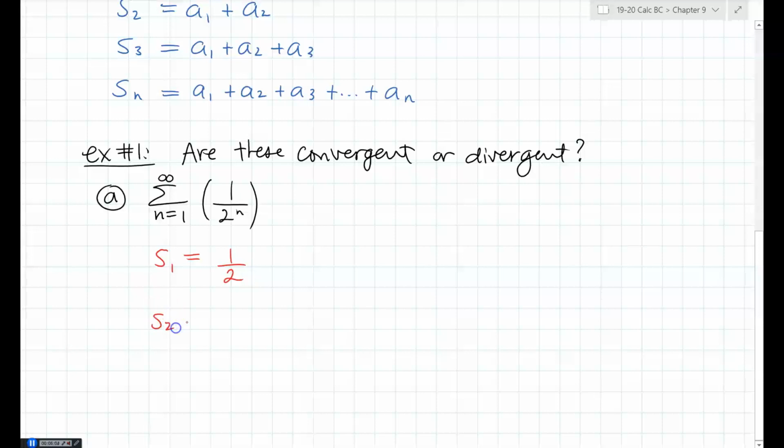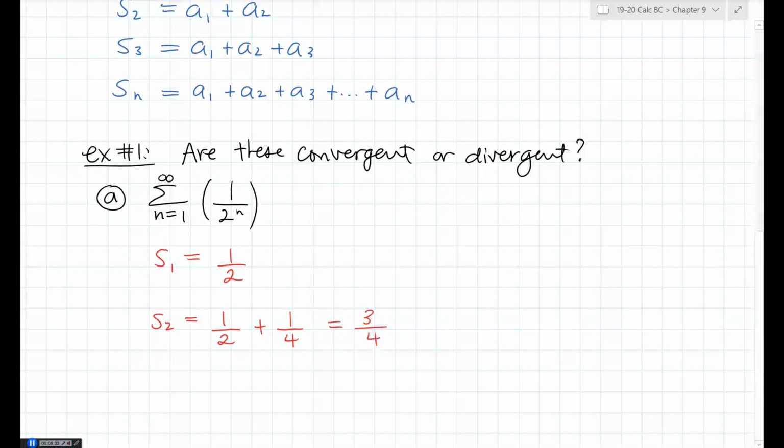S sub 2 would be a sub 1, which is 1/2, plus a sub 2, which is 1/4. I'm just plugging in a 1 and then a 2 into the n value. So 1 over 2 to the first plus 1 over 2 to the second. If I add this up together, I get 3/4.